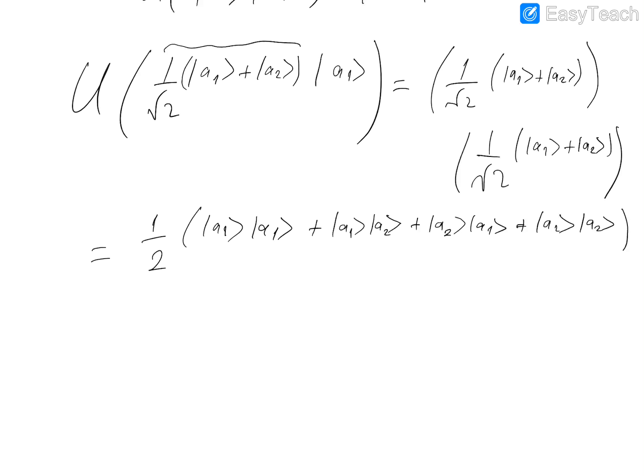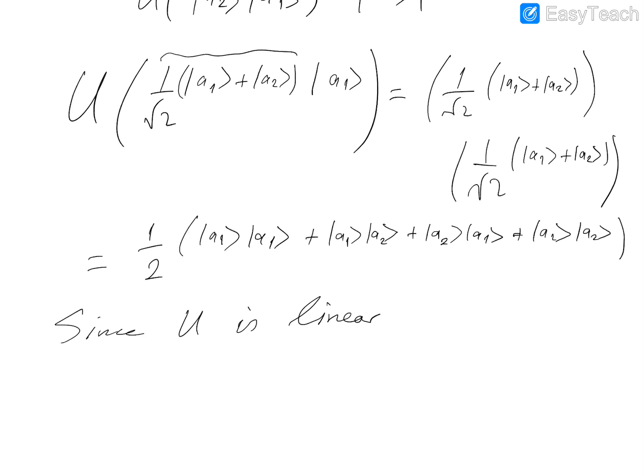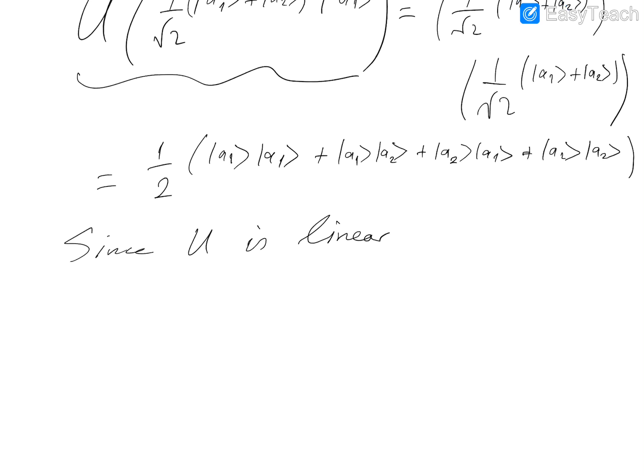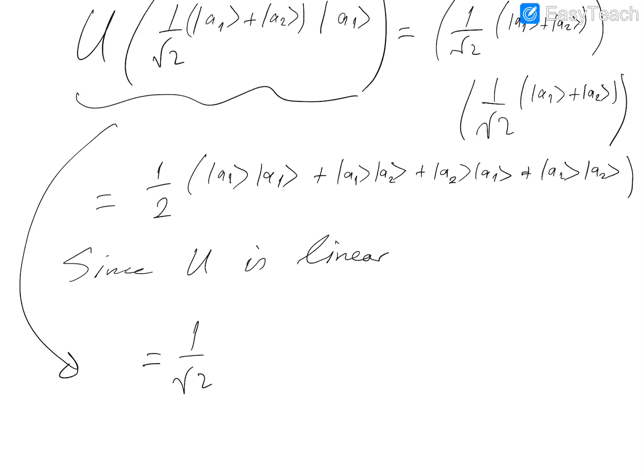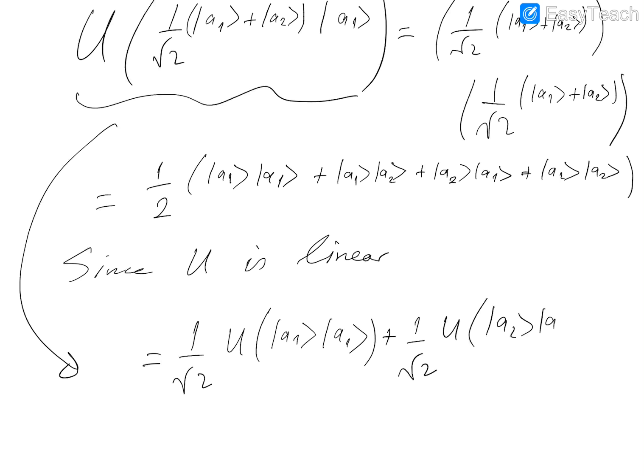Okay, but since U is linear, this should also be equal to 1 over square root 2, distributing inside, 1 over square root 2 U of A1 A1 plus 1 over square root 2 U of A2 A1.